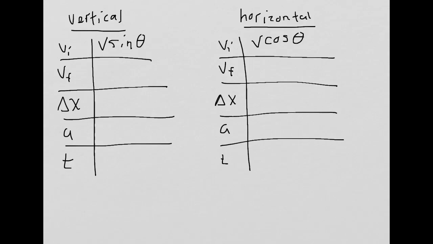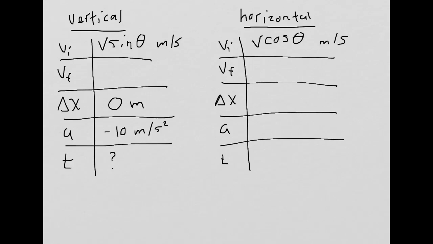You would also remember that displacement in terms of vertical displacement is 0, and that acceleration in terms of the vertical is negative 10 meters per second squared. The velocities are in meters per second, displacement is given in meters, and we don't know time.